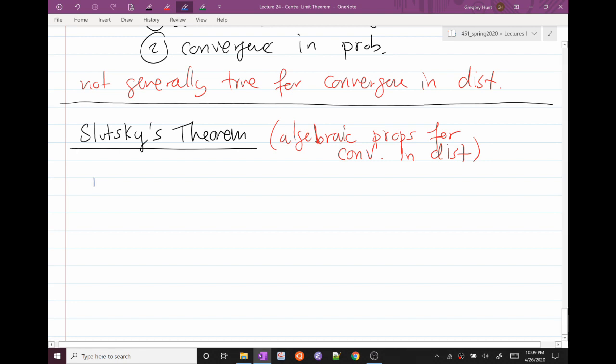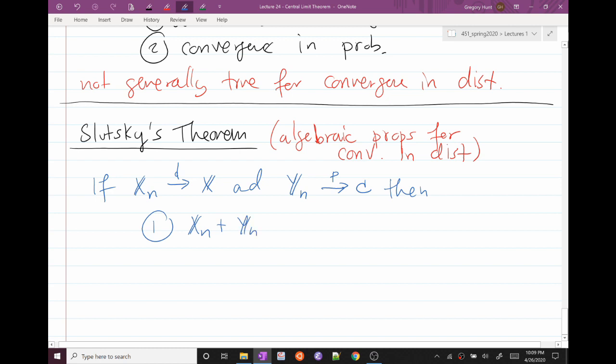And it says that if x of n converges in distribution to x and y sub n converges in probability to a constant, then we get some reasonably nice algebraic properties.